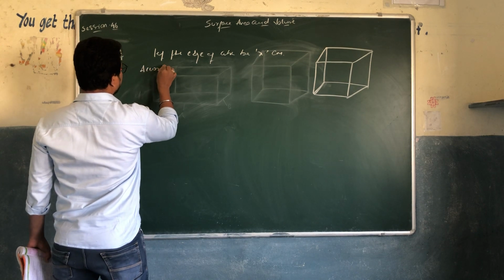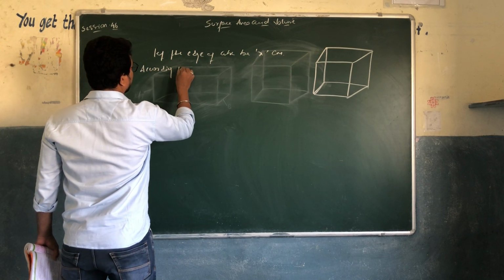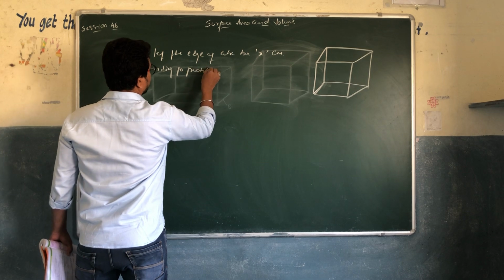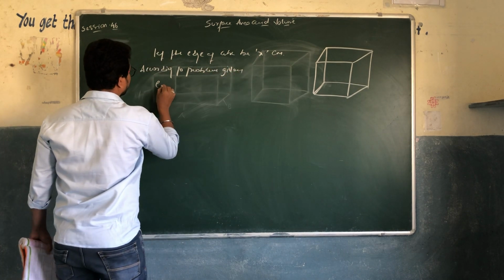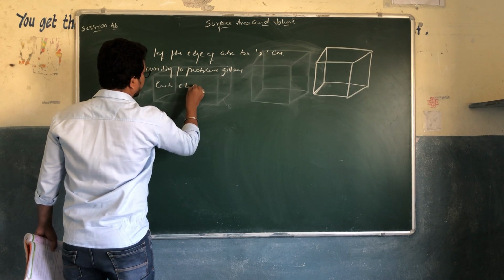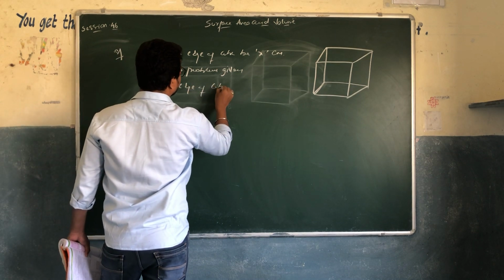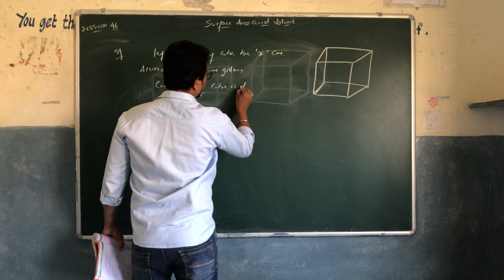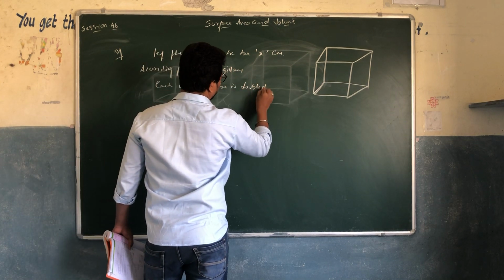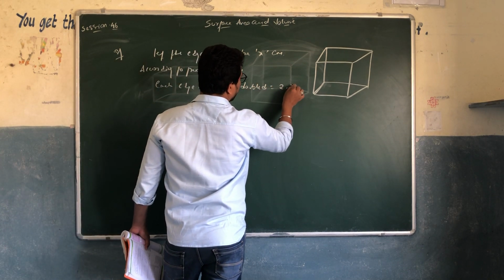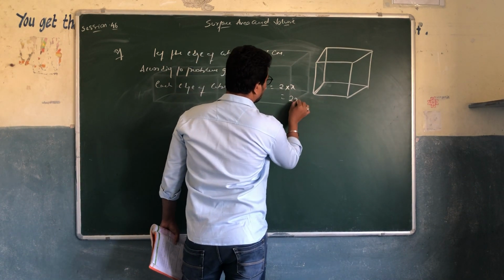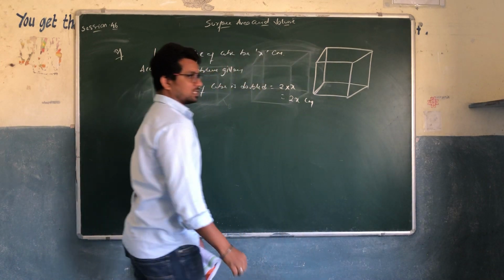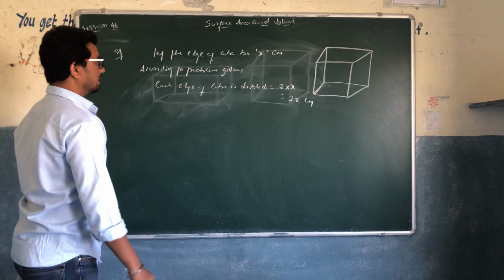According to the problem, each edge of the cube is doubled, which is 2 into x, equals 2x centimeters, right? 2x centimeters.